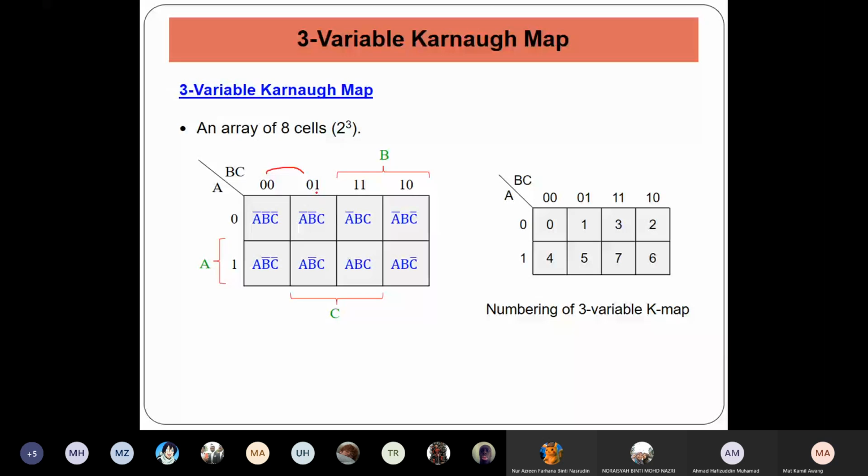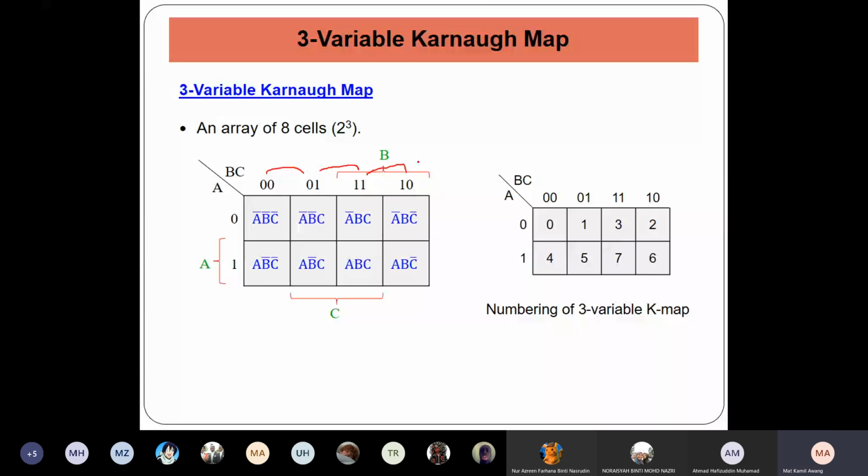From here to here, only one can change, so B is changed from 0 to 1 and C remains. And from here to here, only one can change, which is C, changed from 1 to 0.